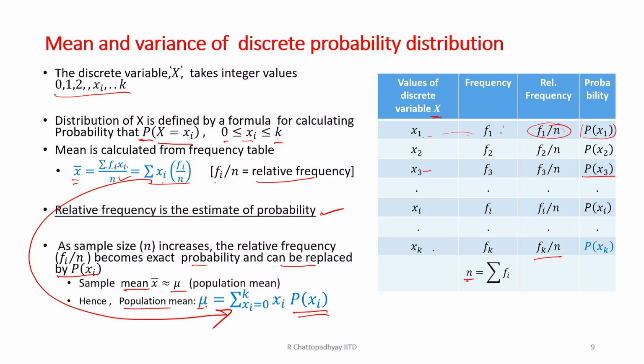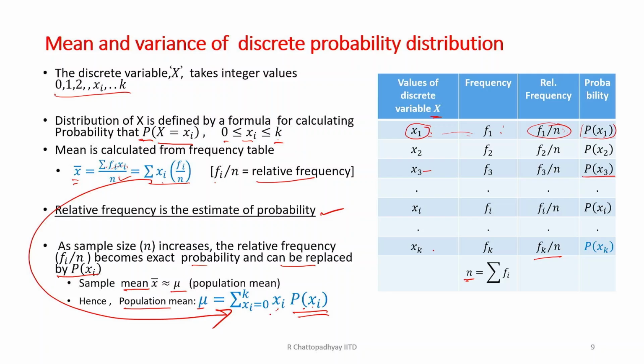Therefore, the mean is sigma xi, i from 0 to k, xi into pxi. So each value of this variable is multiplied by the corresponding probability. If I make one more column here, multiply these two, and then add them, that will give me the population mean.